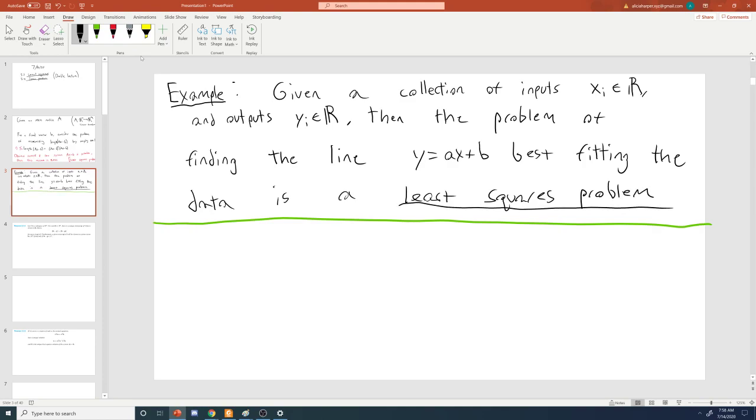This is one such example. In fact, this goes under a name that you may have heard before: the problem of linear regression. Here is another example.